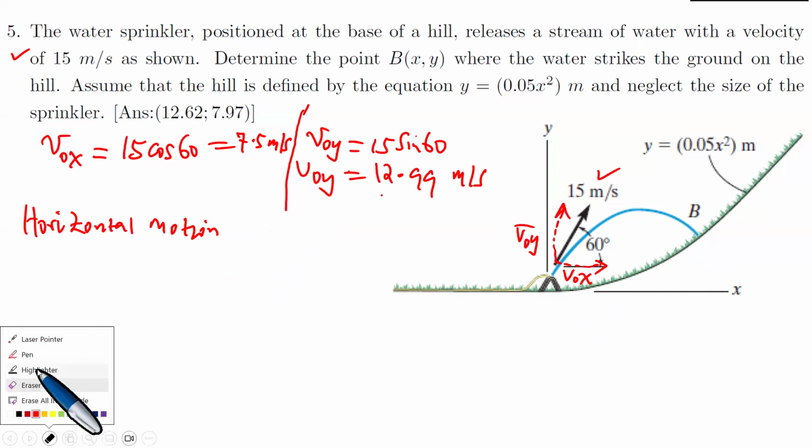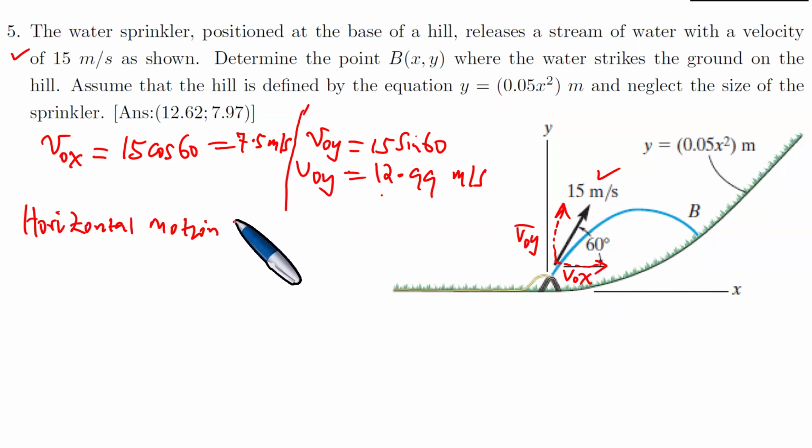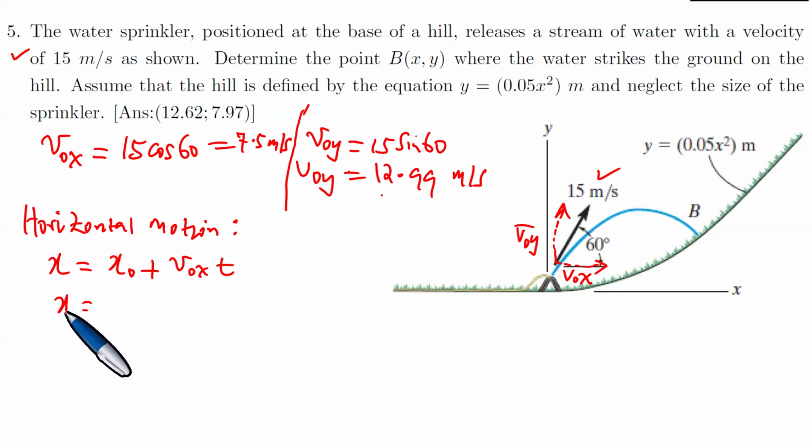So if we have both the vertical and horizontal motion, what are the implications of this? Looking at the horizontal motion, we shall use the equation of motion x equals x naught plus v0x t. And this means that x equals x naught.